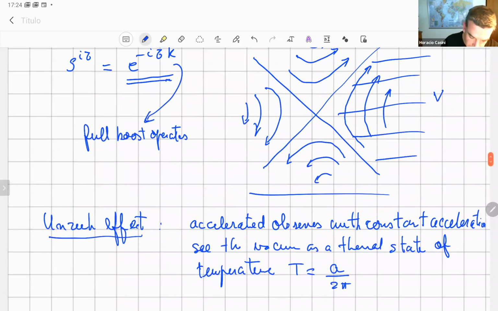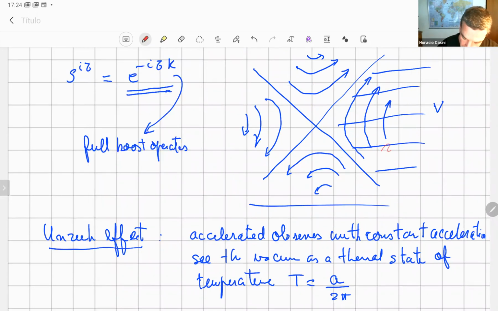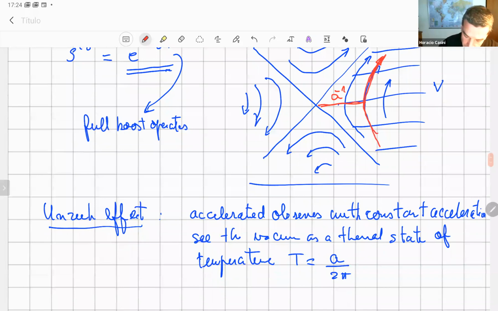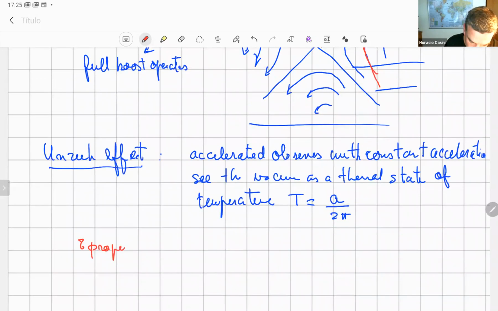And we can show this very simply, because suppose that you have an accelerated observer with constant acceleration. It will describe one of these orbits. In fact, it's easy to show that it will describe one of these orbits where this distance is a to the minus 1, a being the acceleration. And it follows that along this orbit, the proper time times the acceleration is equal to the parameter of the boost orbit.